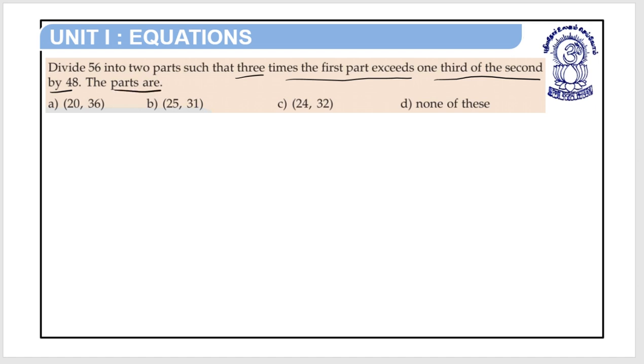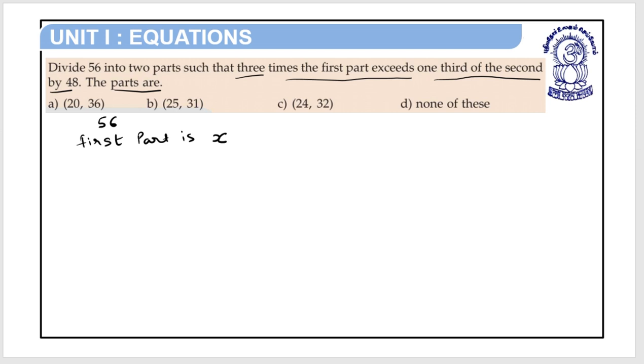The parts are, divide 56 into 2 parts such that 3 times the first part exceeds. So 3 times the first part. So one part, the first part, is x.